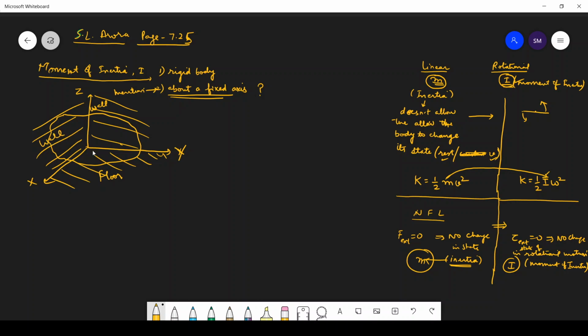So students, assume figures like this. This body lies in the xy plane, and the z-axis is the axis of rotation. So what is the axis of rotation for this figure? OZ is the axis of rotation of this figure.